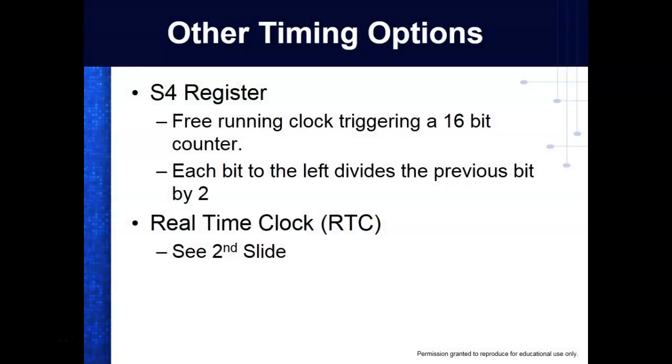Other timing options. This is not in the textbook. We've got 2 other timing options. We have the X4 register, which is a free running clock, and it's a 16-bit counter. So you can see if I was to come over here and just use these bits right here.